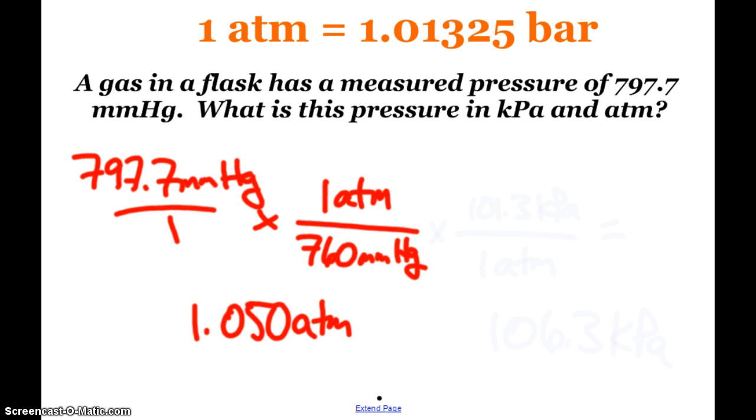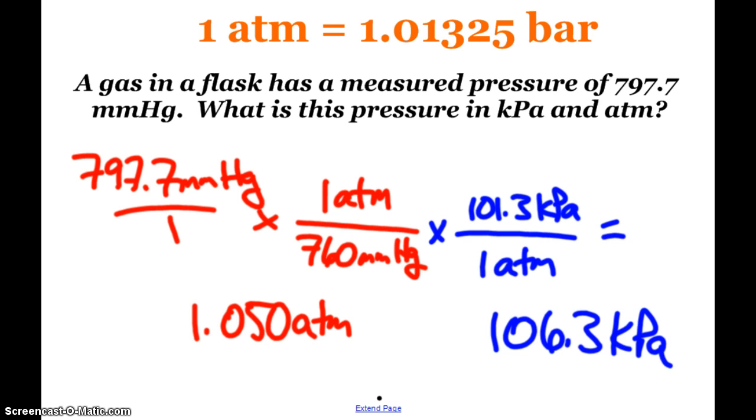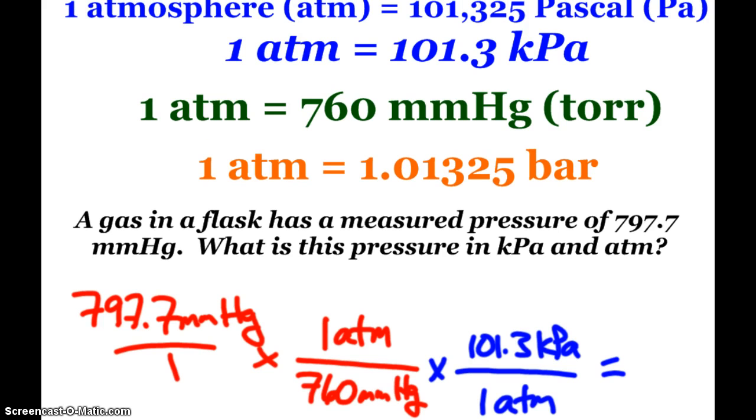If I want kilopascals, then I just carry that out because there's 101.3 kilopascals per atmosphere, so that ends up at about 106.3 kilopascals. So again, there might be times where you have to convert between these units, and you can use any of this information provided in order to do so. And a lot of this is on your AP equation sheet, so you don't even have to memorize that.